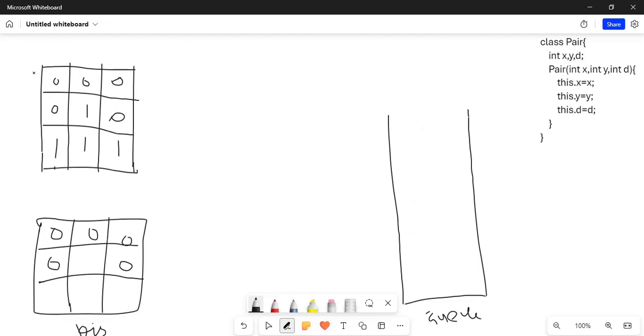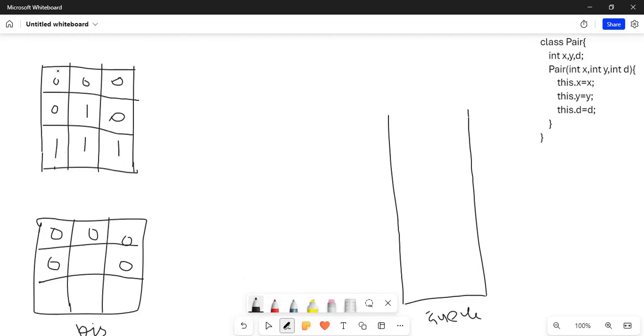So first, travel all the cells of this 4 by 4 grid, that means you have to travel each cell and find value 0. If you are able to find value 0, then you have to put this index into the queue with distance 0.